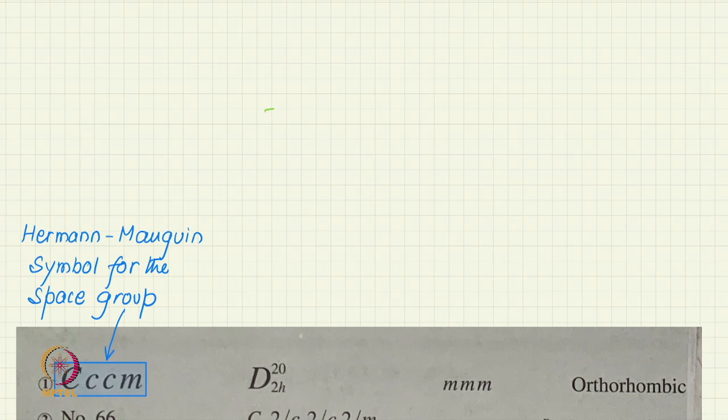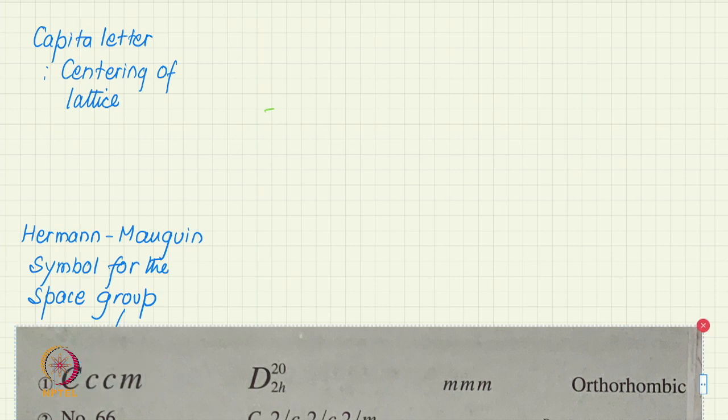Now, this symbol consists of a capital letter, first part is capital letter, which gives the centering of the lattice, which means here capital C means the lattice is C centered.